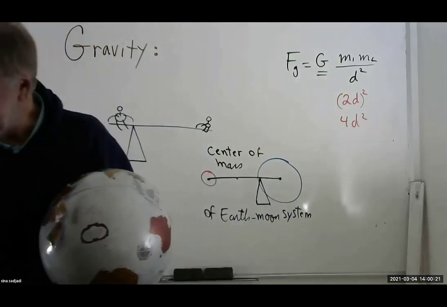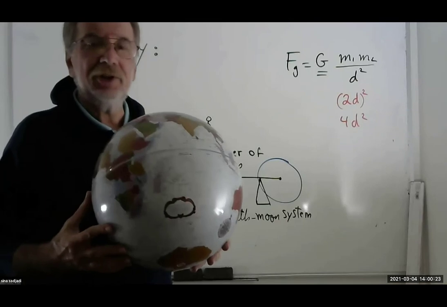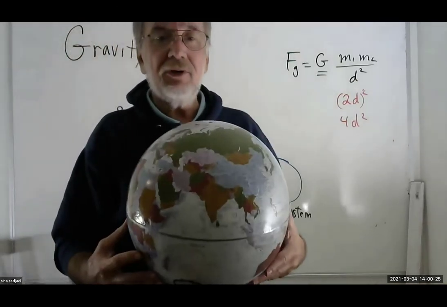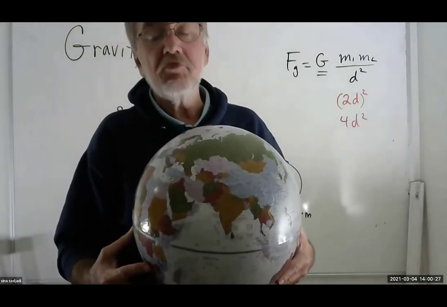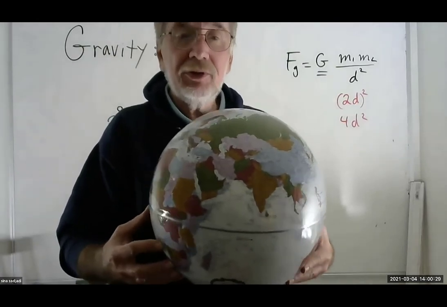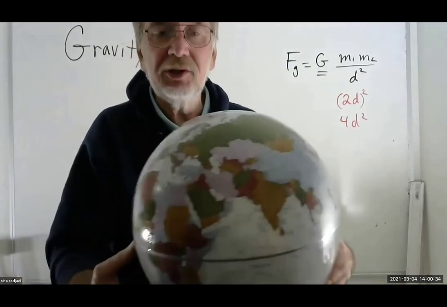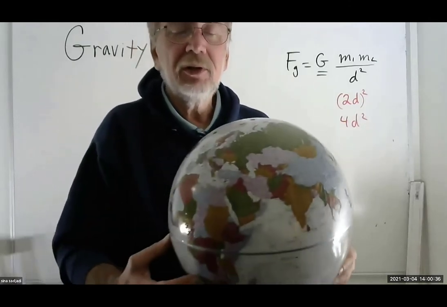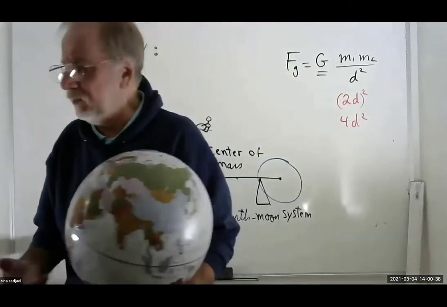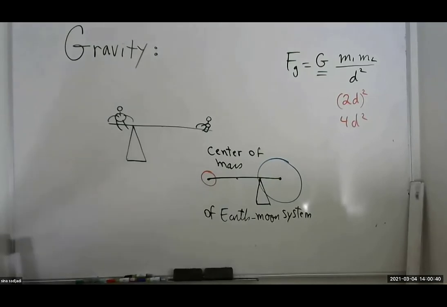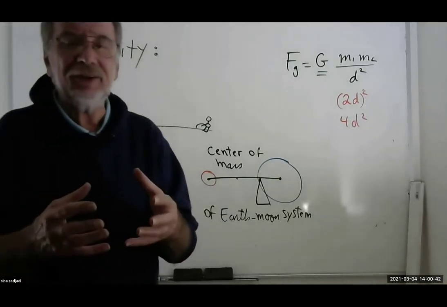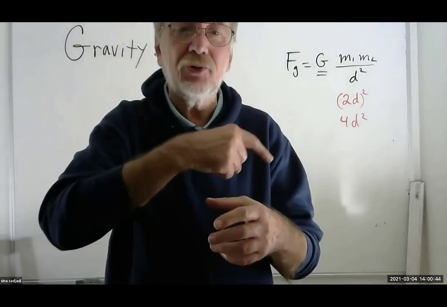So the Earth doesn't just sit there and go, I am the Earth, Moon, go around me. No, it doesn't work that way. The Earth is continuously doing this. Now, what about the Sun? Because the planets are orbiting the Sun. The Sun does the same thing. The Sun doesn't just sit there with all the planets orbiting it.